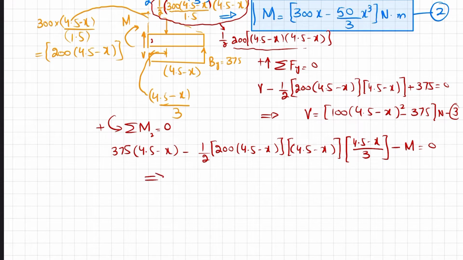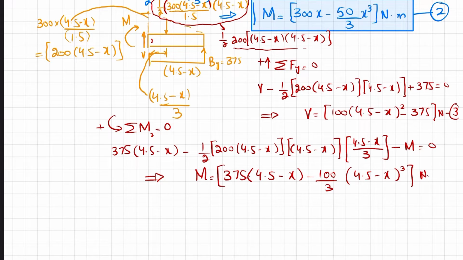So when you solve this, you will get the moment M equal to 375 into 4.5 minus x minus 100 over 3 into (4.5 minus x) whole cube, and the unit will be in Newton meter.